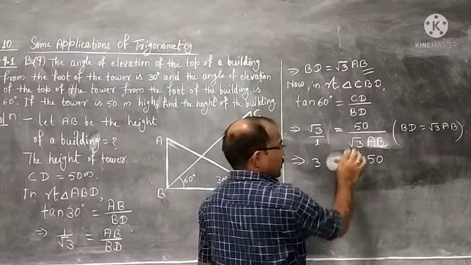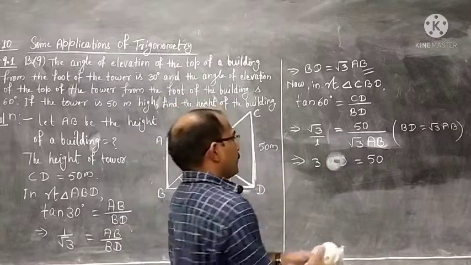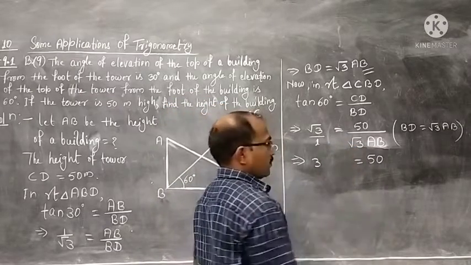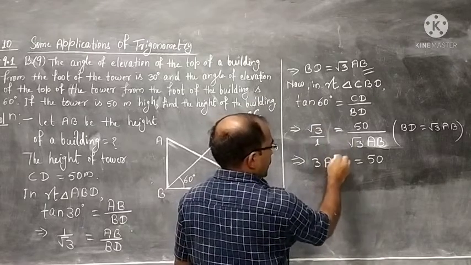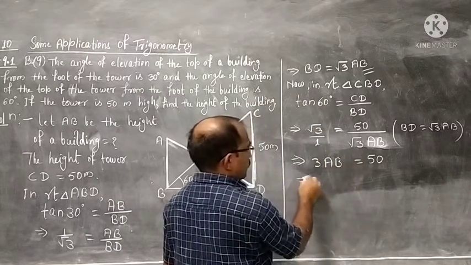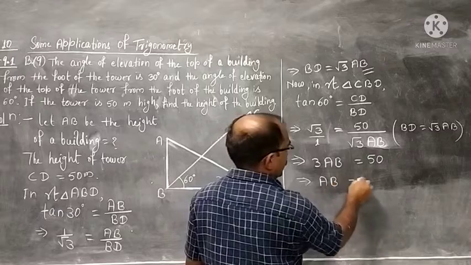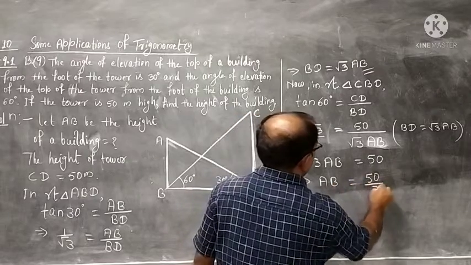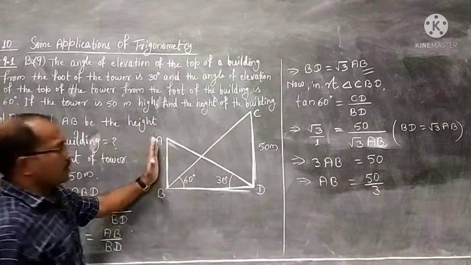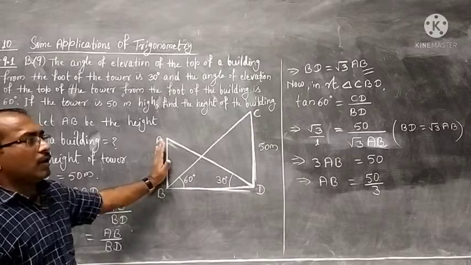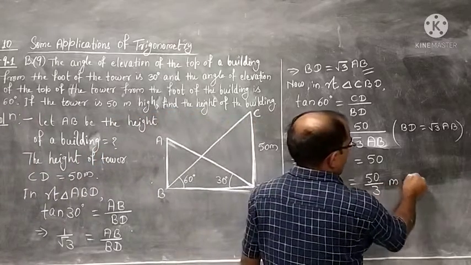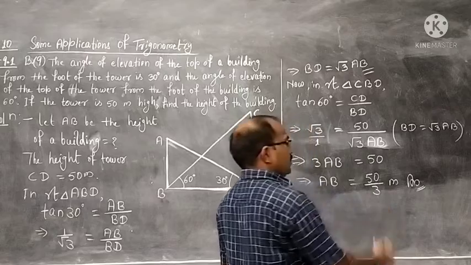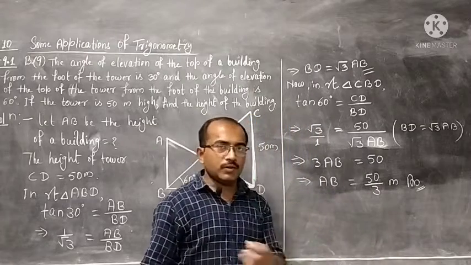So root 3 AB, root 3 into root 3, 3 AB is equal to 50. We get AB is equal to 50 by 3. What was there to find? This was there to find the height of the building. Now 50 by root 3 we can convert into decimal also, 50 divided by root 3, or we can just leave it here also. 50 by root 3 is the height of the building.